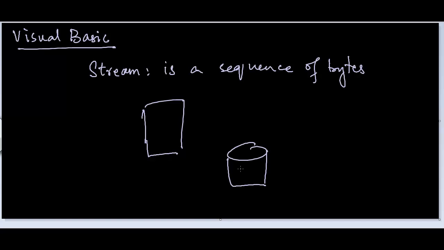So you have a sequence of bytes, but most likely it's going to be transferred from one place to the other, right? For example, because we're going to be doing file processing, it is possible that there's a file in the hard disk drive, right, and there's an array in the RAM. So this is our array in the RAM and this is our file in the hard disk drive.